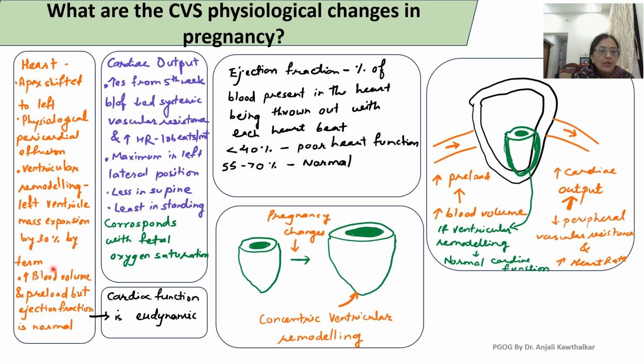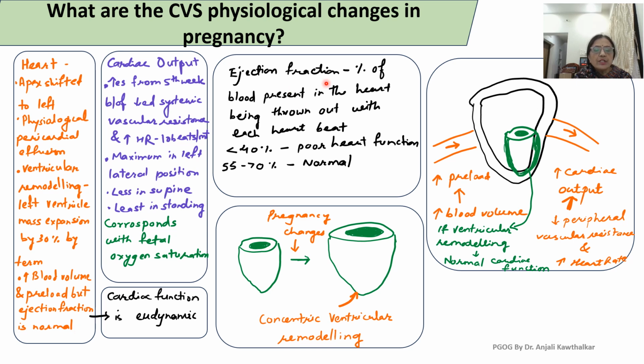Now there are hemodynamic changes in pregnancy, so that there is increase in blood volume by around 40%, and preload increases. With the increasing blood volume, there will be increasing preload, but ejection fraction remains normal. That is the most important concept I want students to focus on: in spite of increase in the preload, ejection fraction is remaining normal.